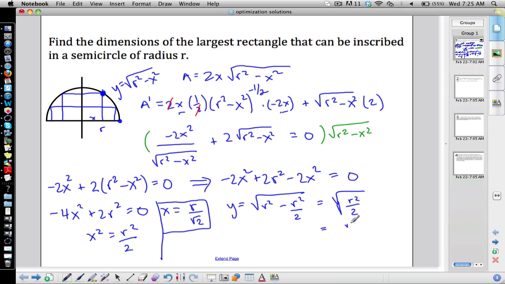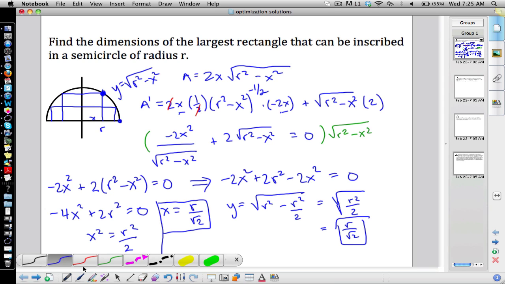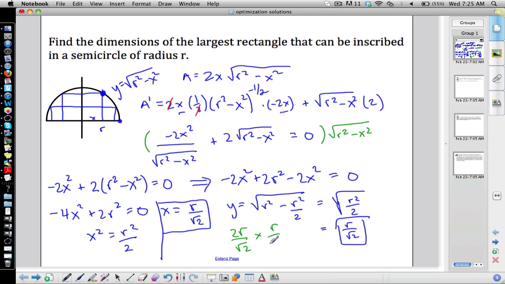That will be r over root 2. So there's our y value. That's our height, and which means our dimensions will be 2 times x, so that's 2r over root 2 by r over root 2. So that will be the dimensions of our rectangle.